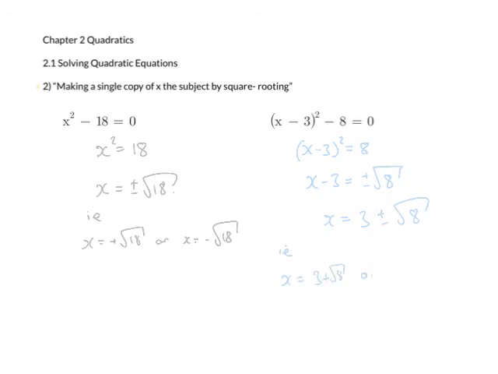It's incredibly important, and without it, you miss one of the solutions. So we have 3 plus root 8 and 3 minus root 8. I'm just going to leave them in that unsimplified surd form. For me, it's all about just getting the answer. Simplifying it afterward is one of the final steps you would take for an exam question.